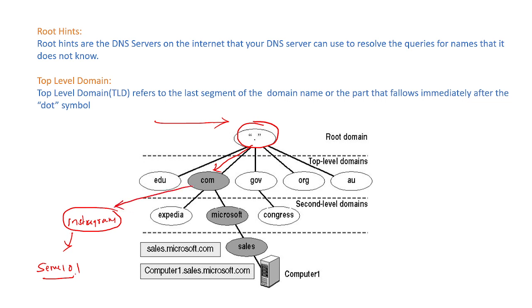And Instagram, what is the IP address? Maybe this is 172.16.1.100. So then he will retrieve the information of the IP address and give it back. This is how the top level domains and the root hints help you to resolve the IP address, whether it is a forward lookup or reverse lookup. This is the importance of this dot com.